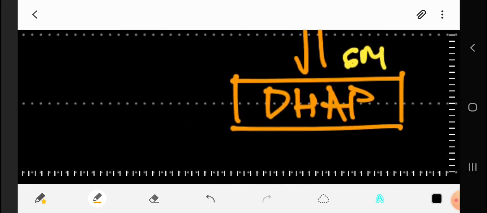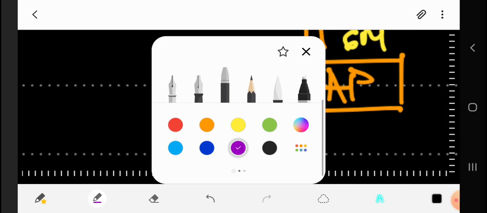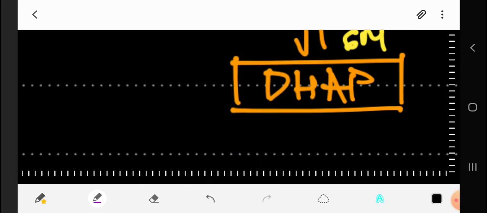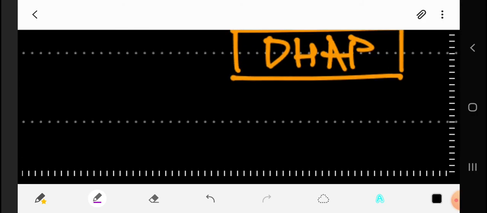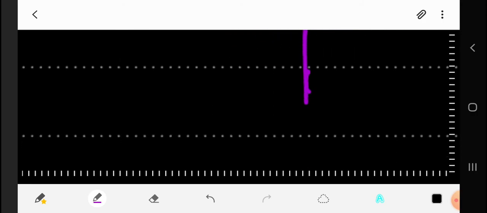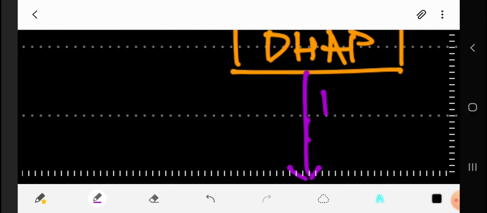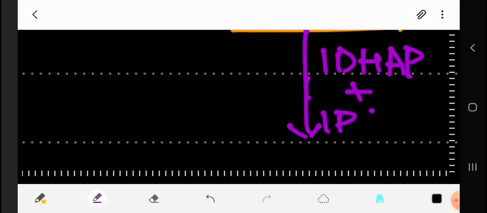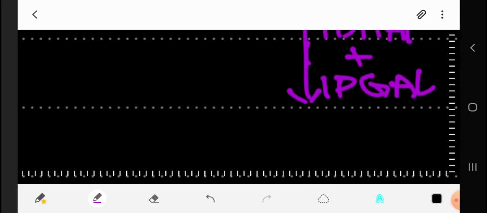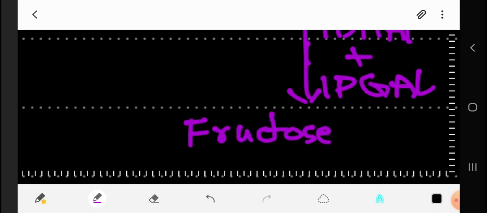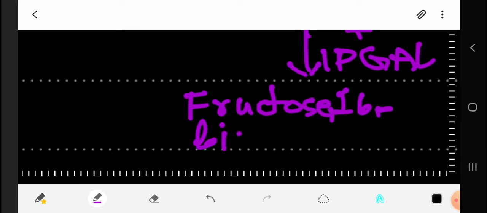Okay, so now here it's a bit weird. What happens is, 1 molecule of DHAP plus 1 molecule of PGAL combine to give me fructose 1,6 bisphosphate.